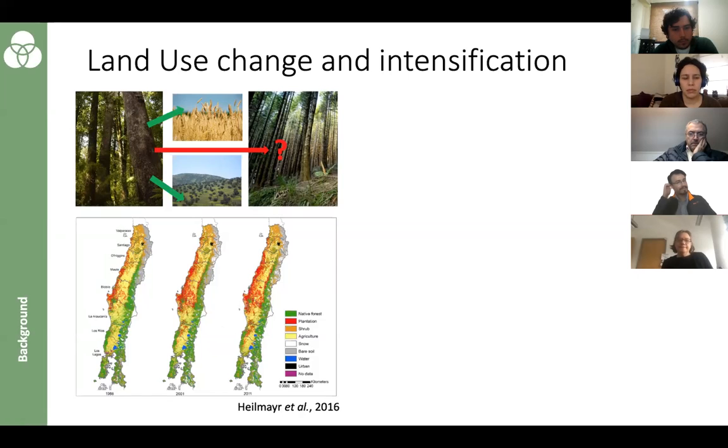And well, the change that is happening as a result of this land use intensification hasn't been studied much in the world. More recently there have been more studies, but in reality we know very little about this change. Most of the research has focused on the change to farmland, mostly agriculture or grazing.